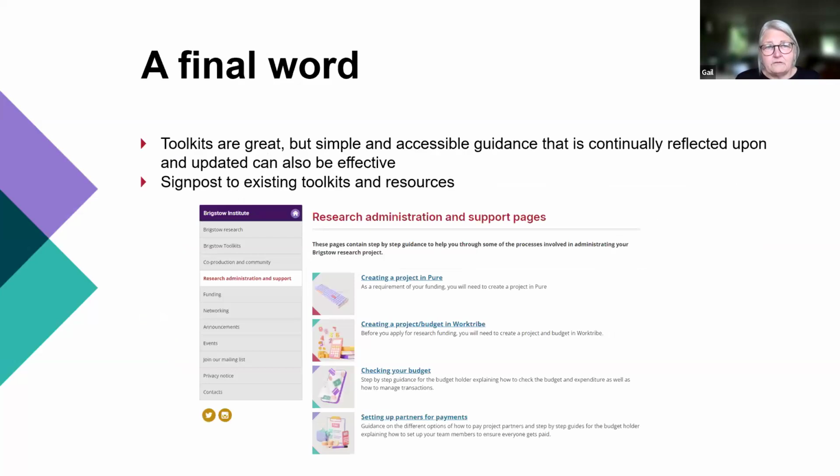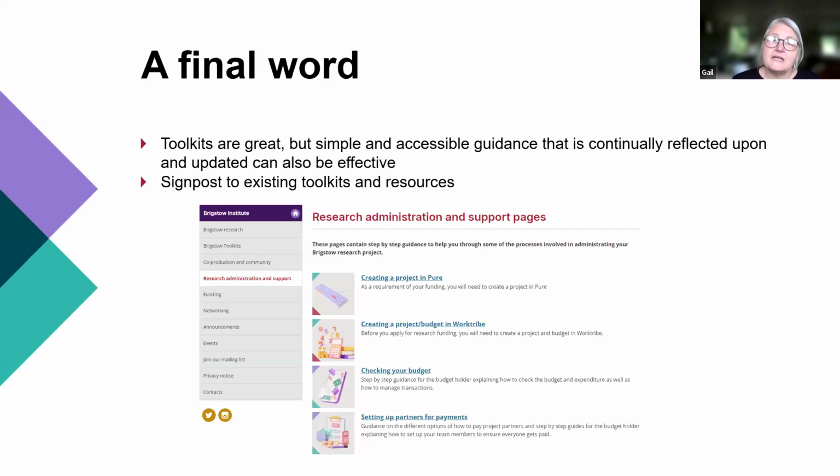And just a final word, really, but toolkits great. We love toolkits. But simple and accessible guidance that's continually reflected upon and updated can also be effective. And I've just given an example at the bottom here of our research administration and support pages. As with a lot of universities, a lot of the information about what's needed and what financial information is needed is behind a single sign-on.